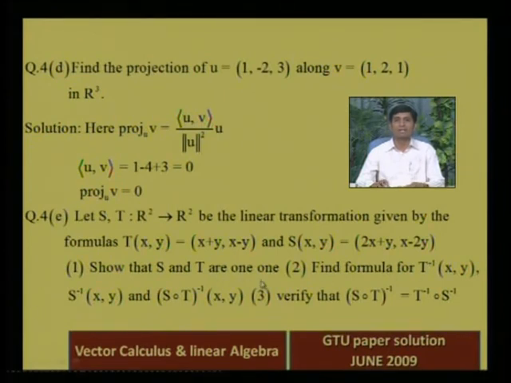Show that S and T are one-to-one. Here we need to check three sub-questions: first of all, that S and T are one-to-one. Second, find formulas for T inverse (x, y), S inverse (x, y) and (S∘T) inverse (x, y). Third, verify that (S∘T) inverse is equal to T inverse S inverse.